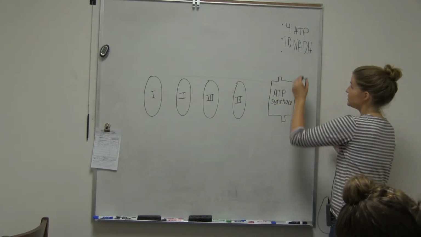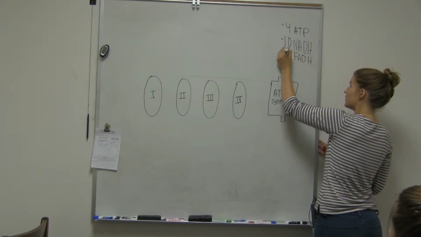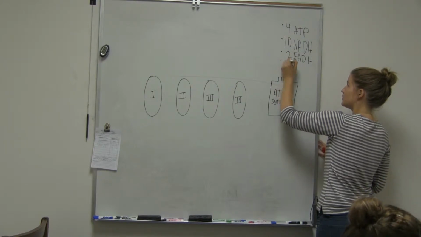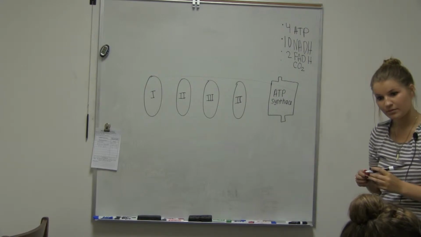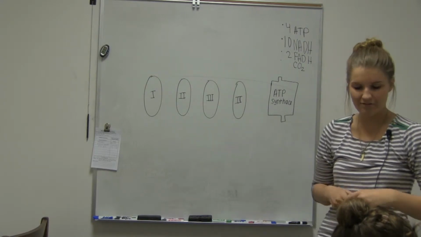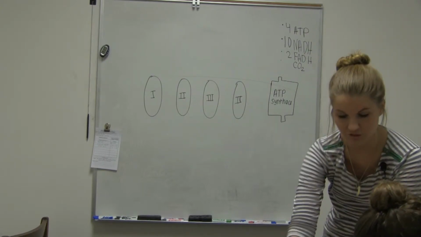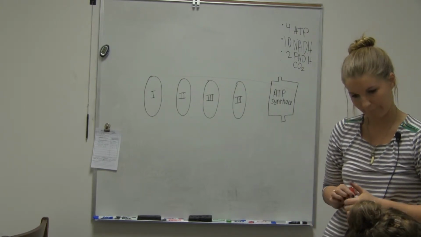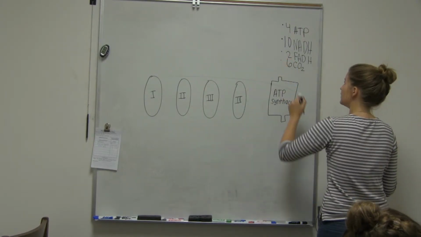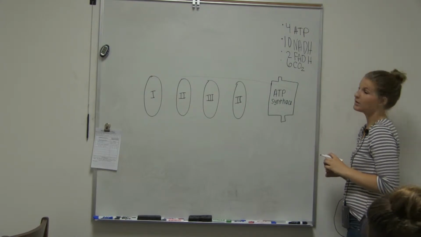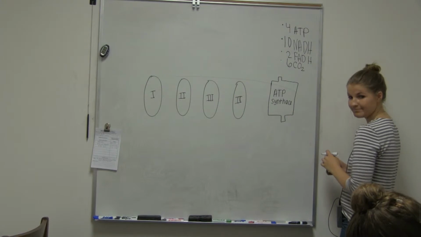How many FADH do we get? Just 2. How many CO2? We basically count everything that we haven't already used. Since we didn't use this for anything, we'll still count it. So 6 CO2. Perfect. Is that it? Yeah, that's it.